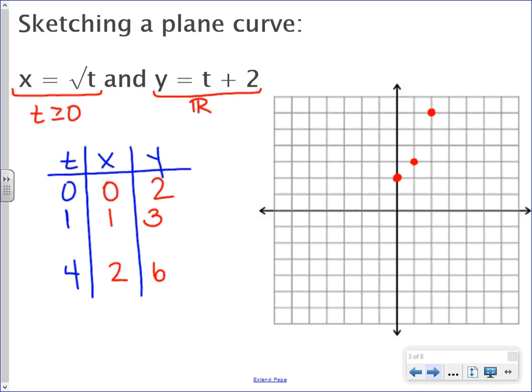Looks like half of a parabola, doesn't it? Okay. And it doesn't have an end to it. It's going to keep going. All right. There wasn't like an interval that's saying, hey, we stop here. So it's going to keep going, but we're also going to have that direction for the parametric curve.